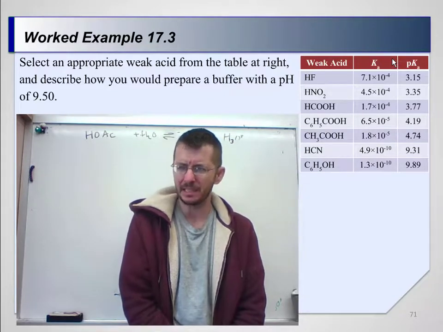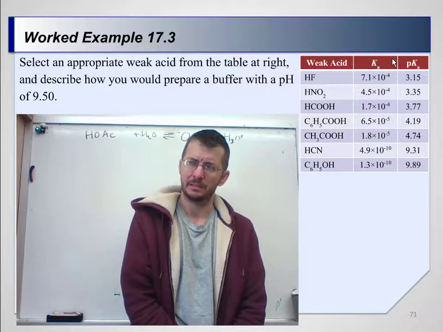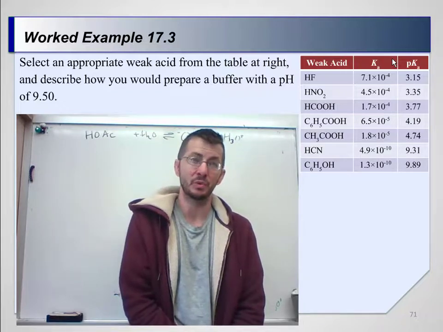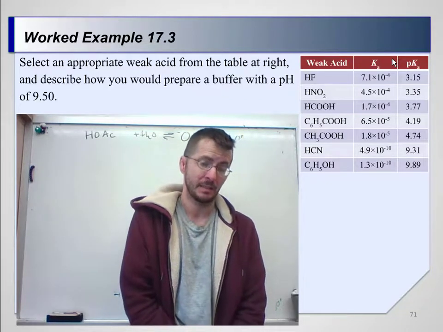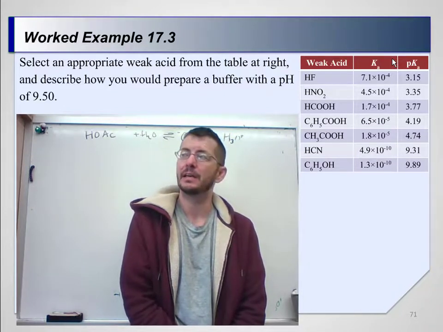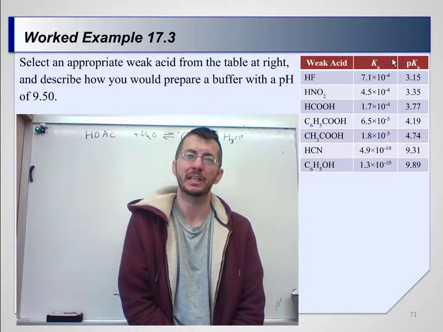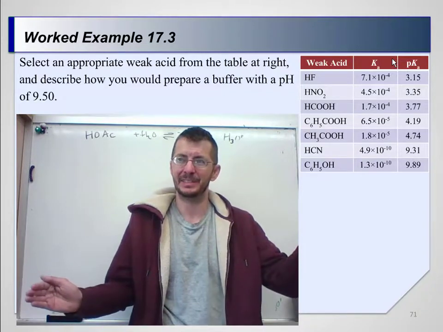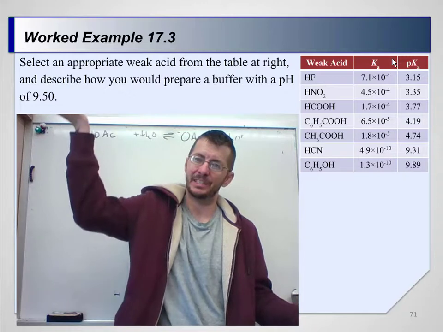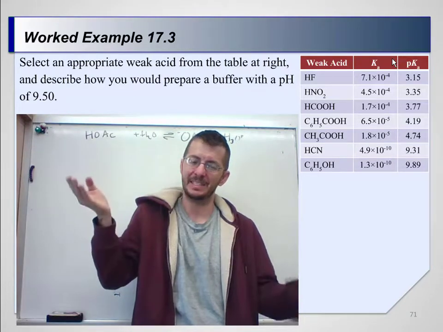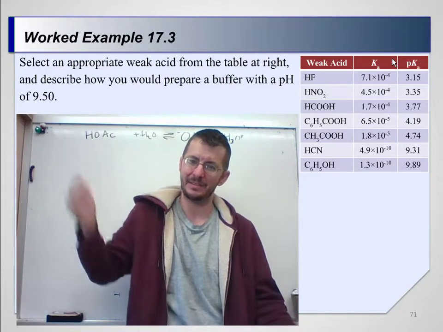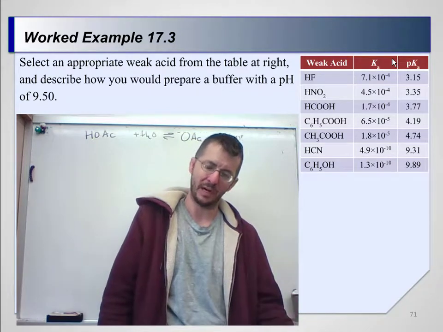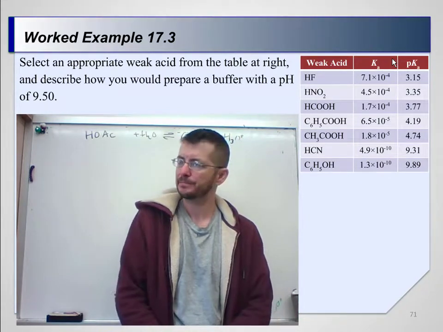But for basic buffers, we use a weak base, but weak bases have even weaker conjugate acids. Remember, as the acidity goes down, the basicity of the conjugate goes up. And so as the acidity goes down, Ka goes down, and these get worse and worse in terms of their acidity.